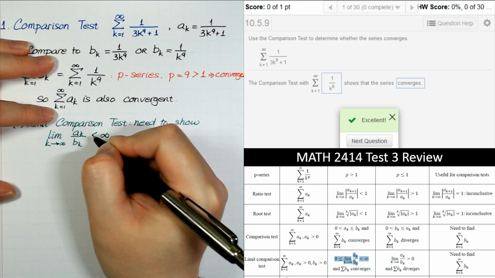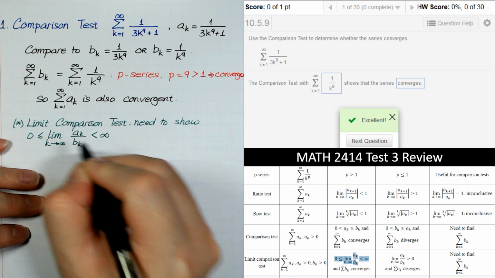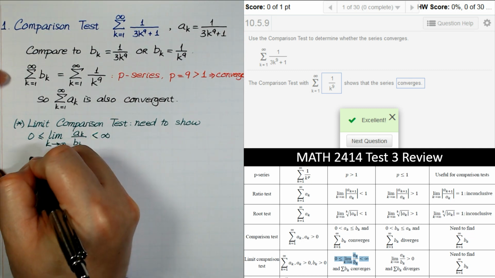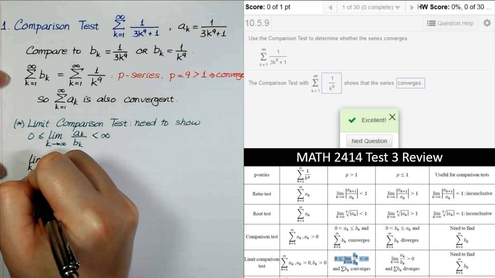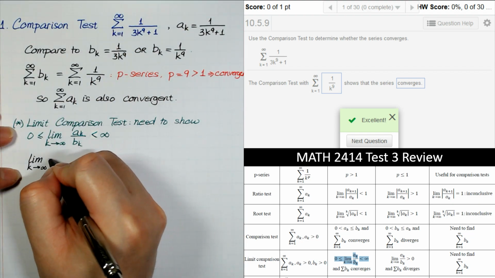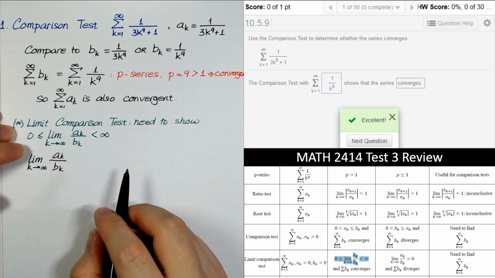So it is a finite number. Right. And we show that rather quickly. a sub k is that. And b sub k is this.